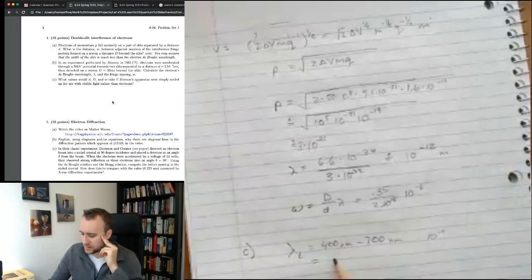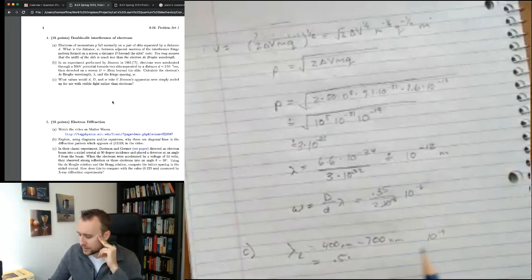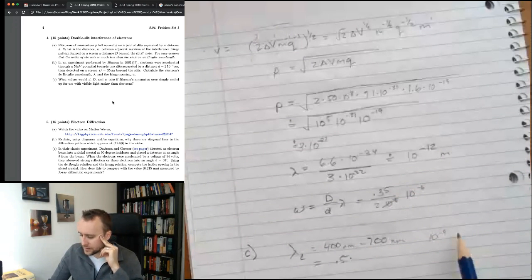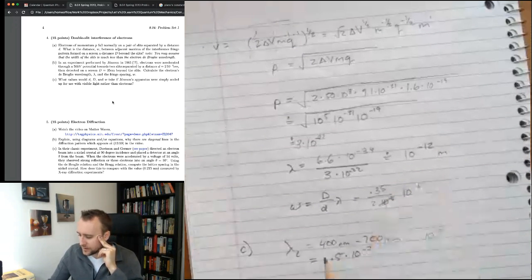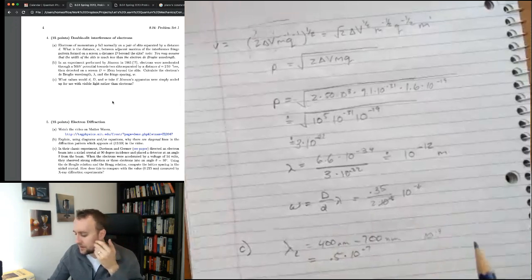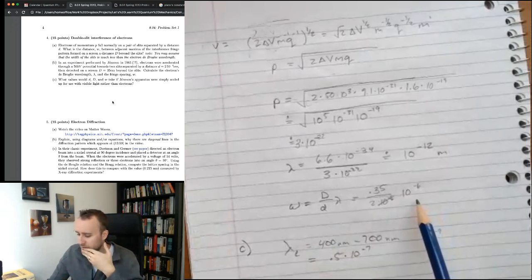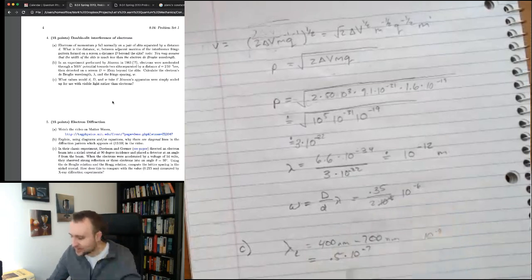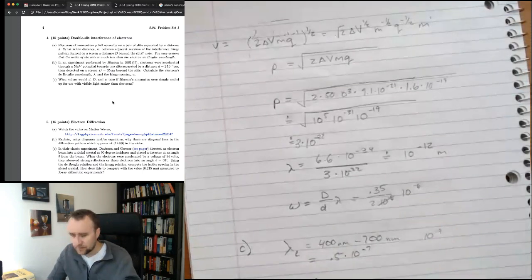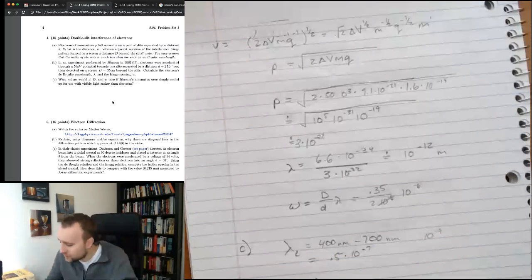So let's say this is just like 0.5 times 10 to the negative 7. So we got 10 to the negative 7. I mean, I guess we want on the order of, what is this, micrometers? The fringe spacing? I mean, that seems really close together to me. You'd think you'd want it more spread out if you're doing an experiment.